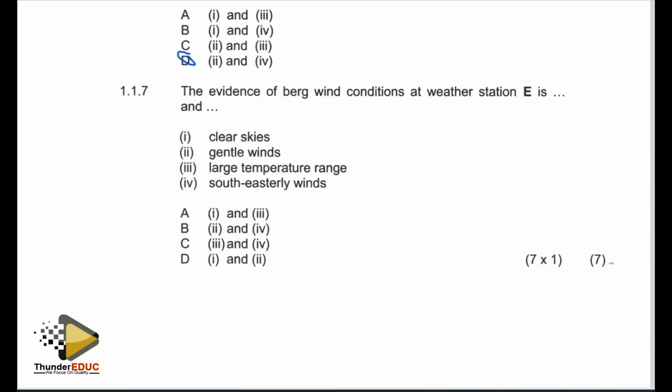It's a valid response. General winds, we cannot talk of general winds. We have seen that the wind speed was at 30 knots, which is not general in that instance, which means the response item number 2, we are phasing it out. Then we also talk of a large temperature range. If you see the temperature range on that weather station, we had a minimum of -9 and a maximum of +27, which shows that there was a very big temperature range.